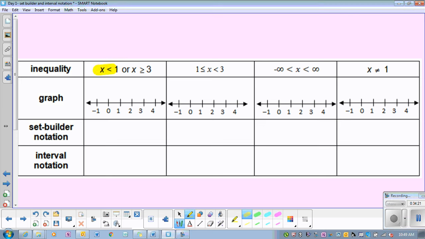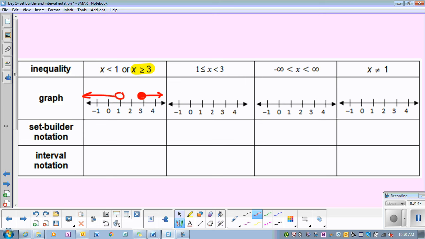X is less than 1. I'm gonna go to 1. Open circle, less than, so to the left. Yes? Alright, so now let's go to the next one. X is greater than or equal to 3. Right? Because it's greater than or equal, so it's a closed circle.